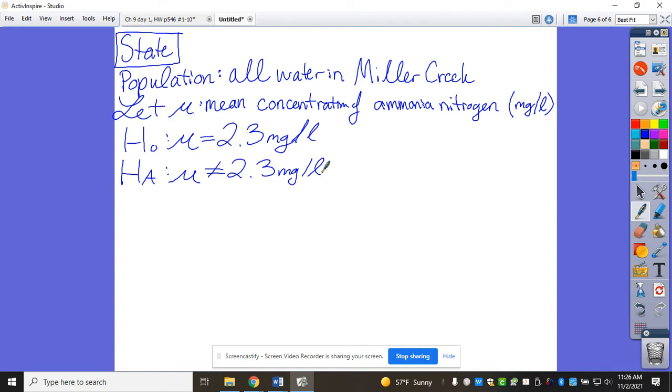We don't know enough yet to be able to answer this question, but I would imagine that some people say, well, why don't I always do not equal to, so that I don't have to think about it? You are less likely to overturn it if you do not equal to than you are with a one-tailed, because if you have an idea of the direction, you have more power. But we're just not there yet to have that conversation. And then what else? And did it give us alpha in this problem?